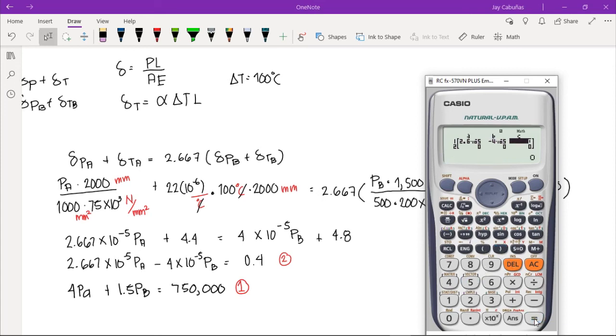And the value on the right side, that is 0.4. That is for the second equation. Now for the first equation, we have 4 is 1.5, okay, then 750,000.